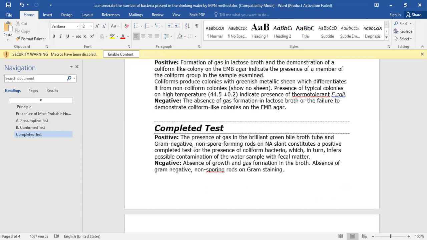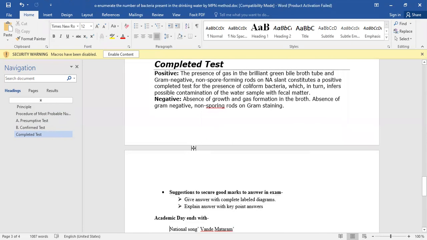In which condition is the test negative? If there is no growth and no gas formation, it indicates that they are not coliform. If there are no gram-negative non-sporulating bacteria, it also indicates that the test is negative. So by using these tests, we can analyze the method to enumerate the coliform bacteria.